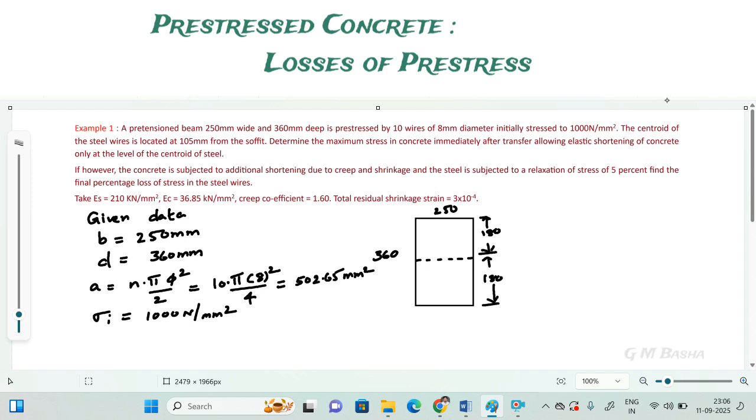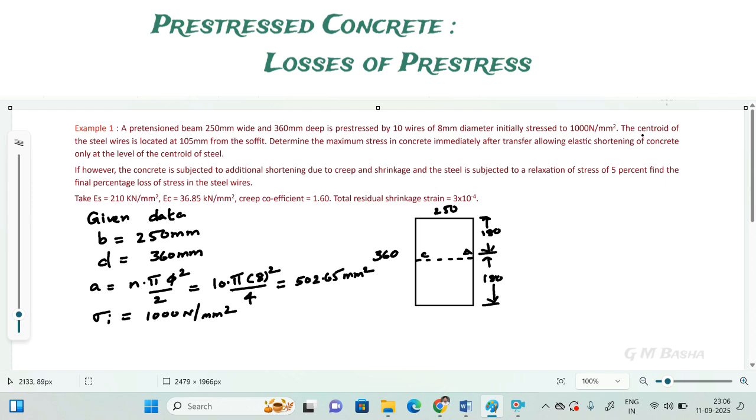Similarly, for a symmetrical I section also it will be at the center only. Unsymmetrical I section and T section will be different. The centroidal position will be calculated using the formula A1 Y1 plus A2 Y2 divided by A1 plus A2. But for rectangle, circle and symmetrical I sections, exactly the centroidal axis will be located at the center only. So exactly 180 from the top and 180 from the bottom.